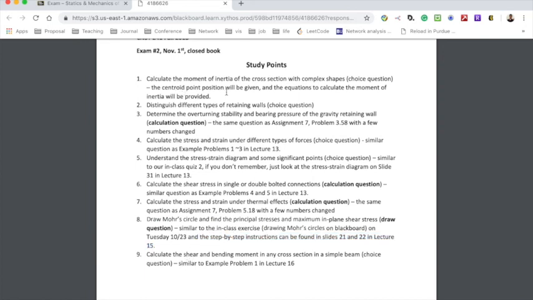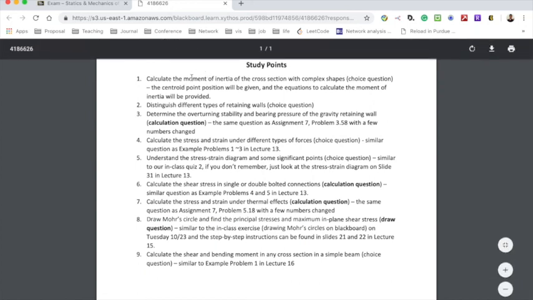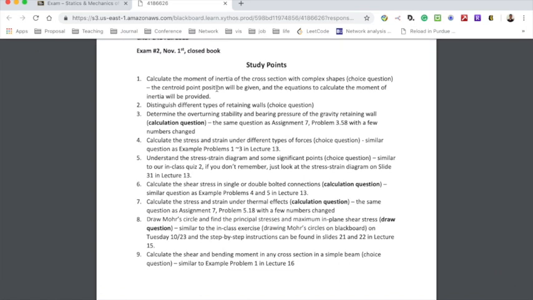Then the remaining questions will be given as choice questions. For example, the first one is to calculate the moment of inertia of the cross-section with complex shapes. Since the centroid question we already checked in your exam 1, in this exam I will give you the central point for this complex shape, and based on this central point and also the equation I will give you, you calculate the moment of inertia.